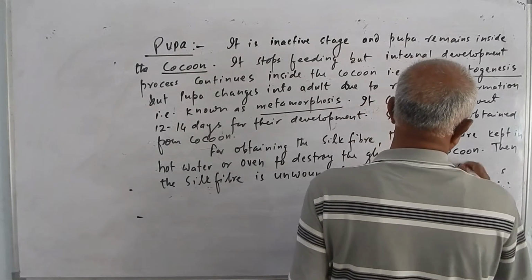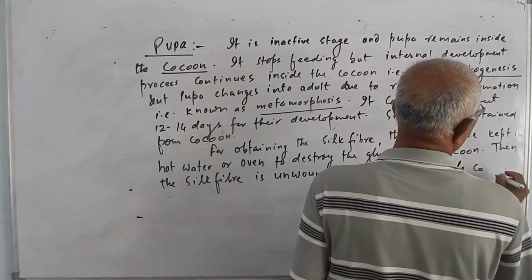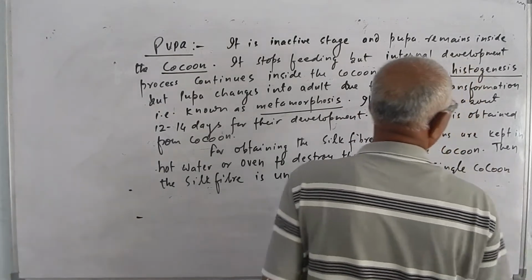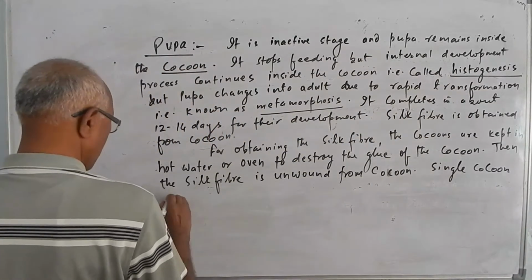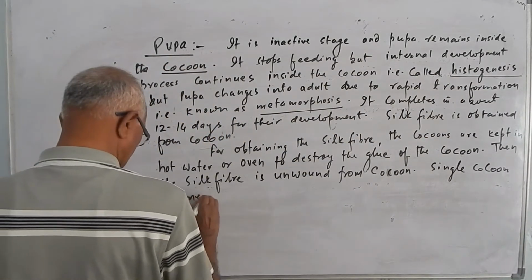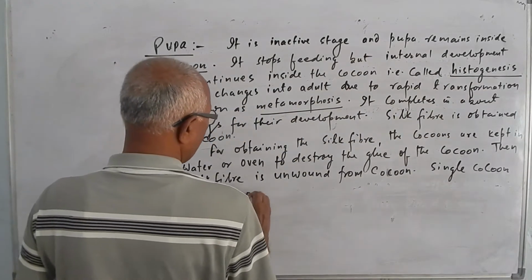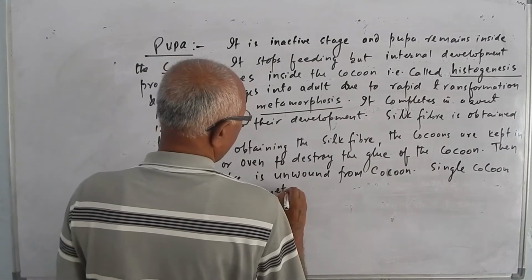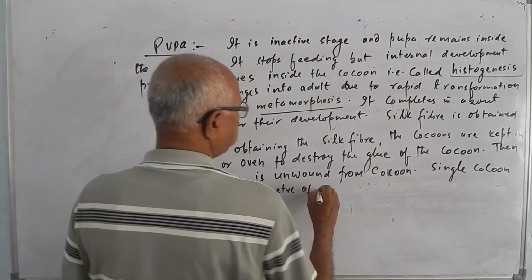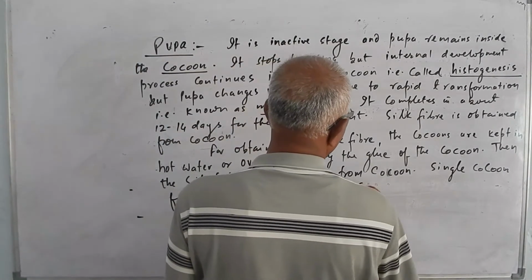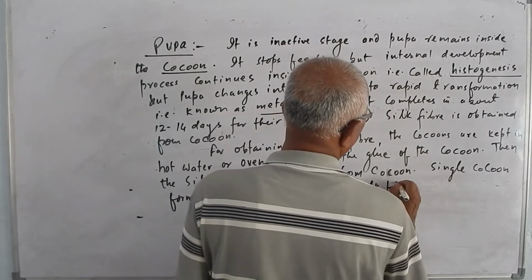Single cocoon found 1000 meter of long silk fibers.